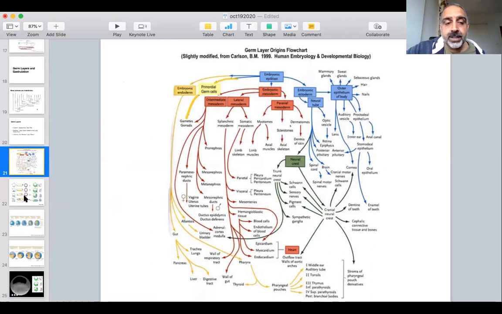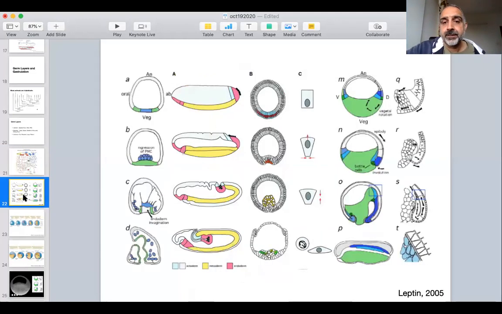But what is important is that mesoderm is in the middle of all the tissues, but it's the last one to form. So somehow the embryo needs to get mesoderm from somewhere outside to somewhere inside, and it does that through gastrulation.